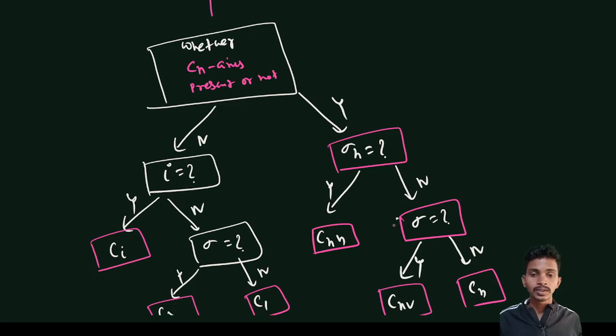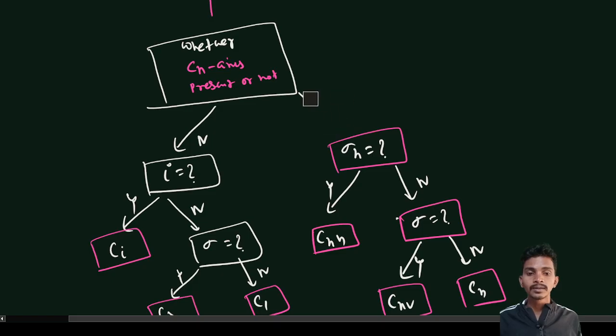After that we can go to sigma h. But here we ask another question: whether Cn perpendicular to nC2 is present or not.